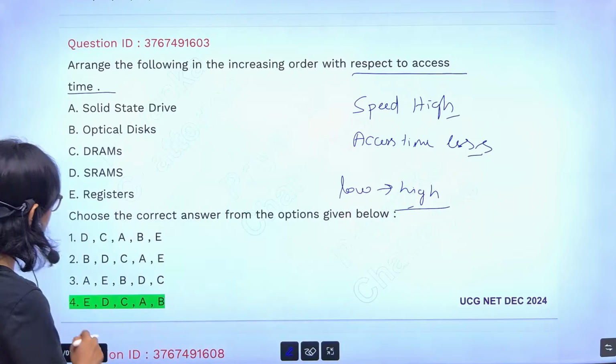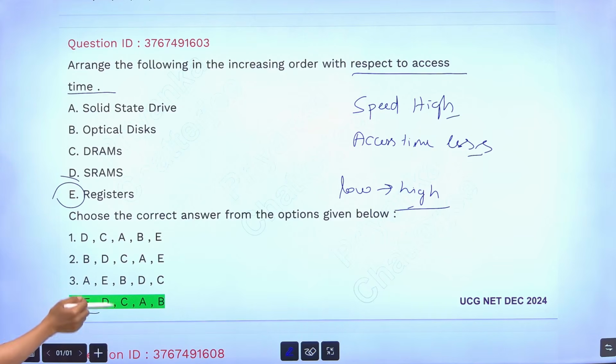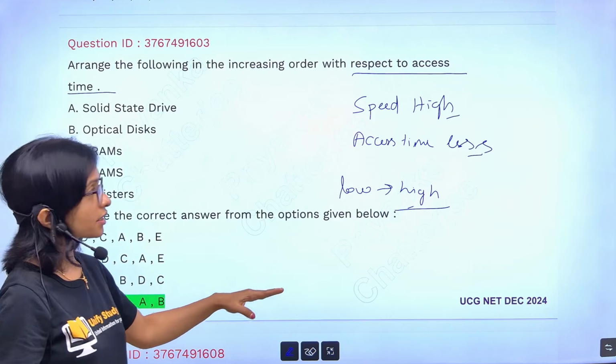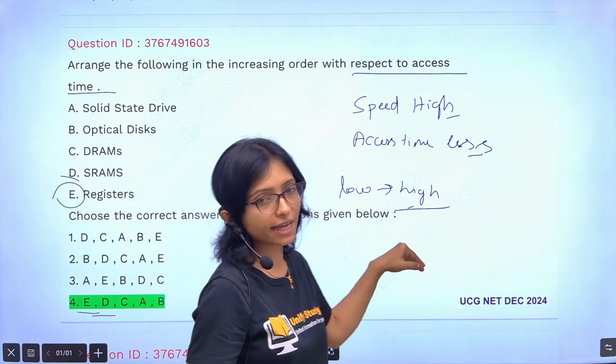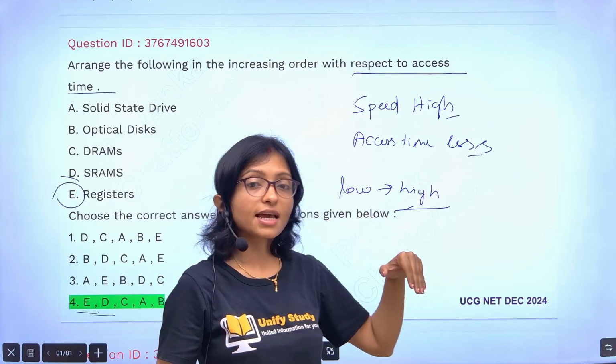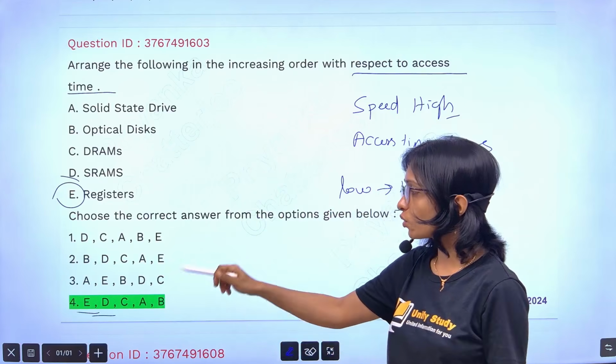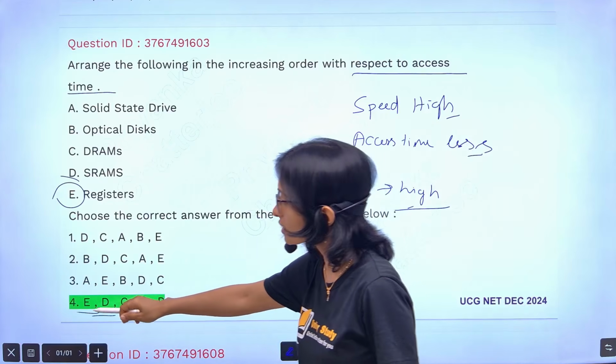That's why register is the first one, and after that, next is SRAM. Speed high means access time low, so register speed is high and that's why access time is low. Increasing order means low to high, so that's why register is coming here.